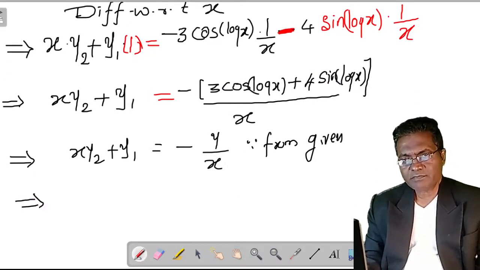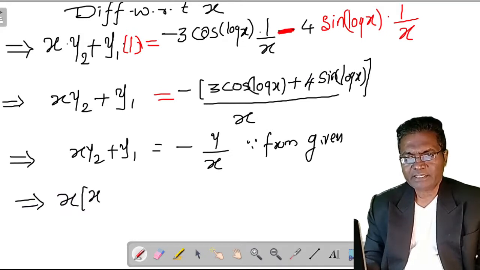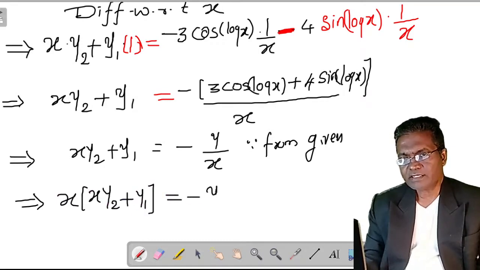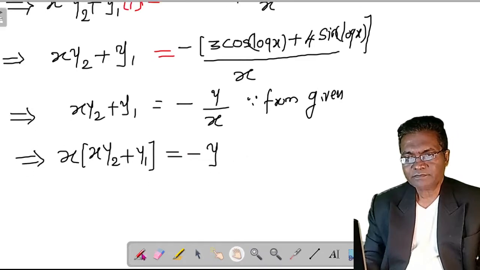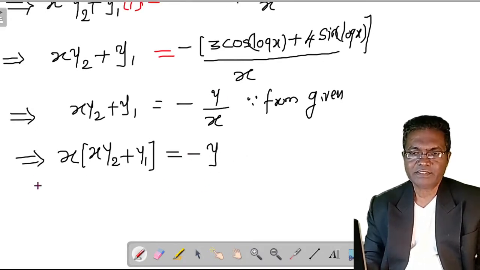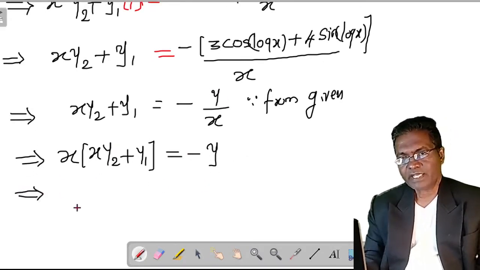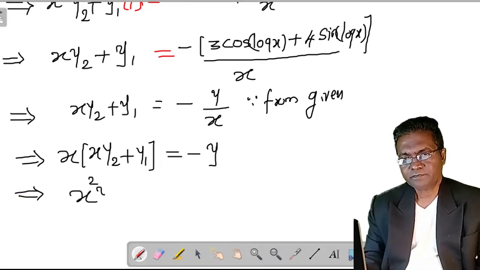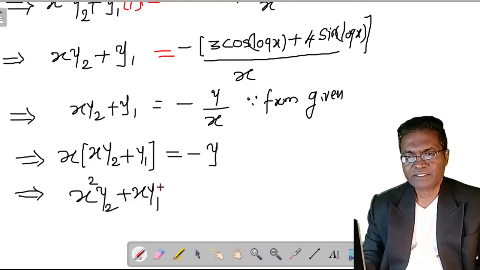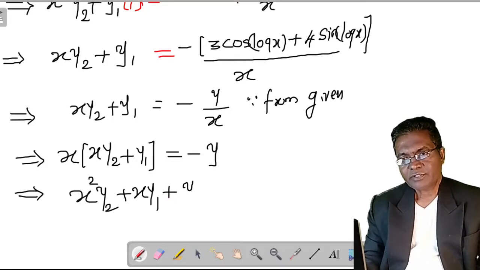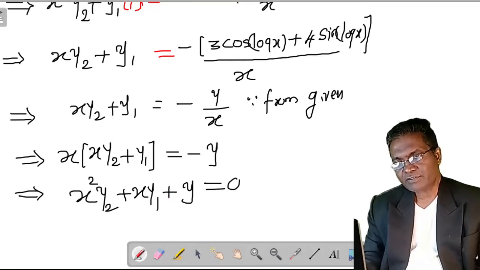Now you can cross multiply, bring x this side, so one can write directly x square y2 plus xy1 plus y equals 0. But for those who can't understand, I am writing this minus y as it is. So x into x square y2, x into y1 is xy1, and minus y this side, so it becomes plus y equals to 0.